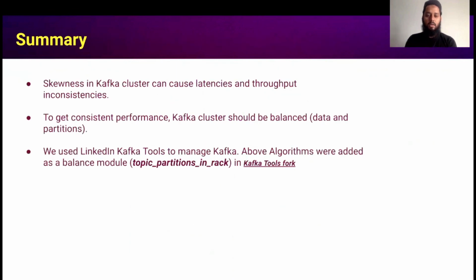As a summary, if you want consistent performance from the Kafka cluster, your Kafka cluster should be balanced in terms of data in the partitions. We use Kafka tools to manage our Kafka clusters, and all the above algorithms are added as a balance module in Kafka tool 4.